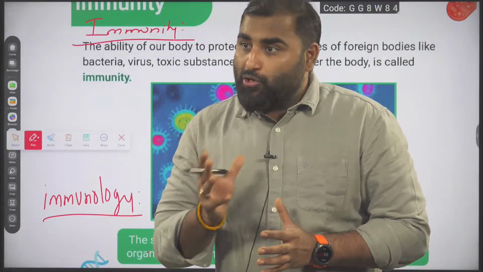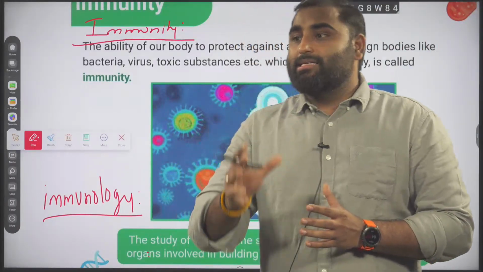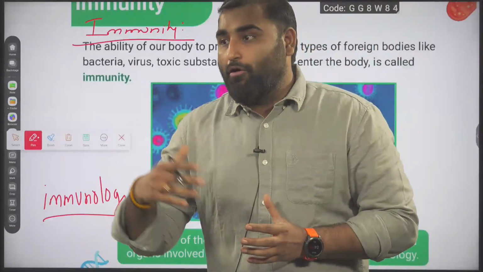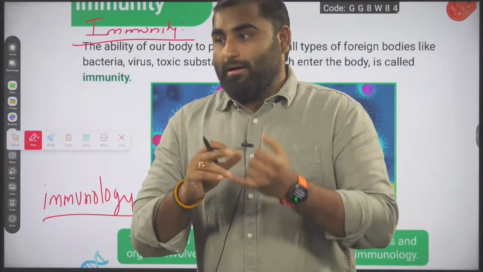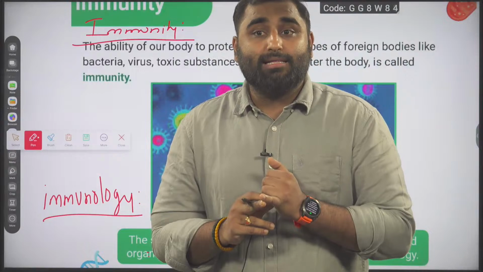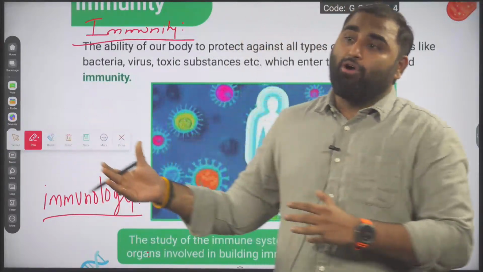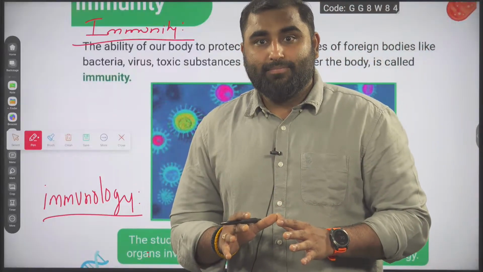WBCs like lymphocytes have the ability to synthesize and release antibodies against the foreign organisms. So, there are different WBC cells. Some of the WBCs can make antibodies and they can kill the foreign bodies, right?